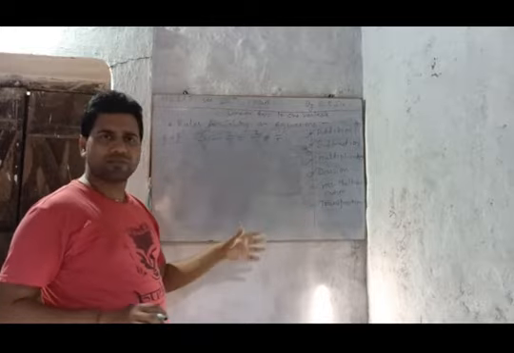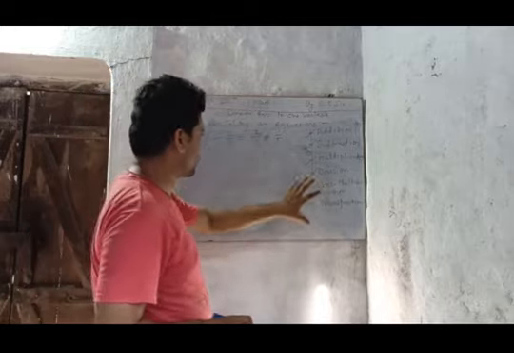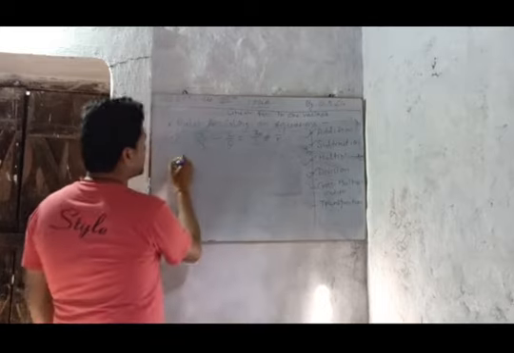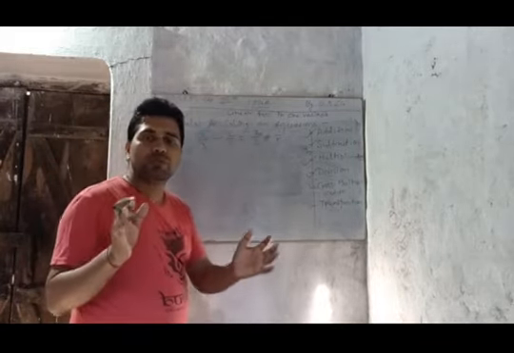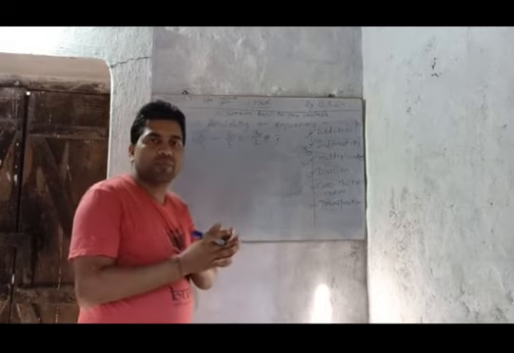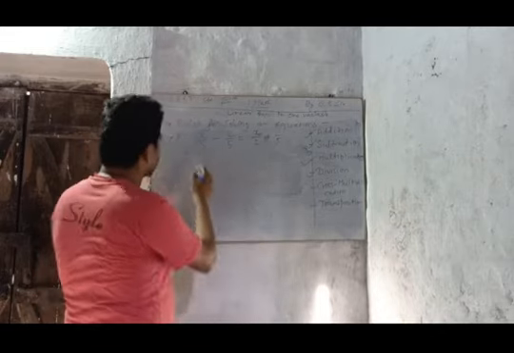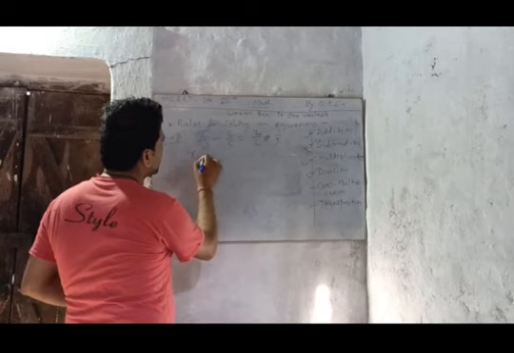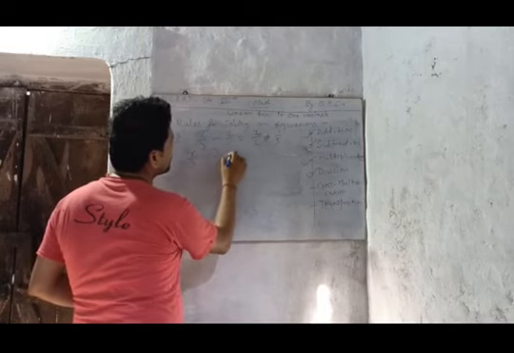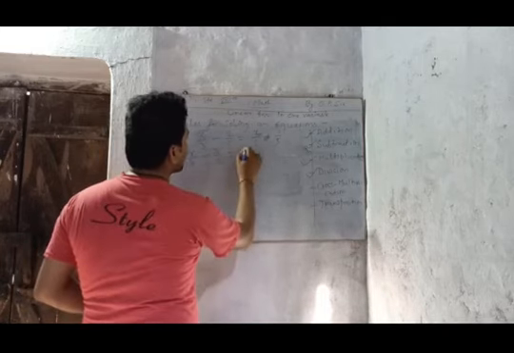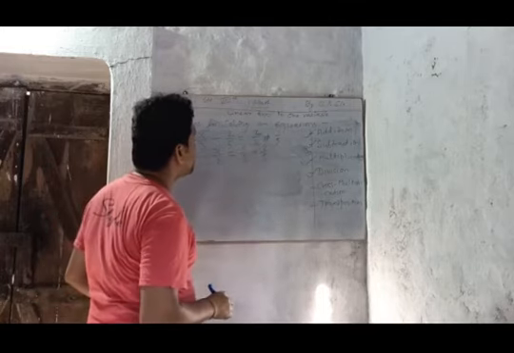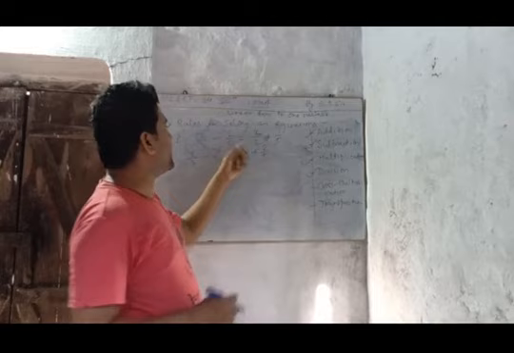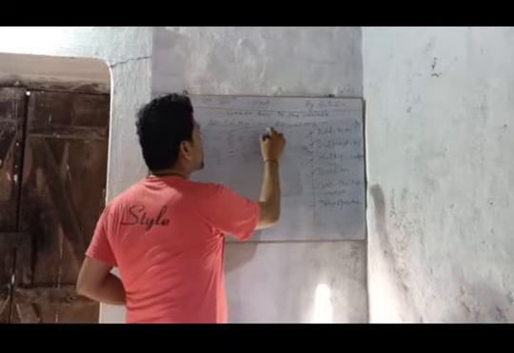Actually I have to explain the rules, so I'm going to focus on this. Dear students, you can find that variables are there on the left hand side and right hand side also. We will keep variables together. We will keep constants together. So x upon 3 minus x upon 2 will be equal to 1 upon 5 plus 2 upon 5. What I have done? This minus 2 upon 5 I have shifted to the right side.